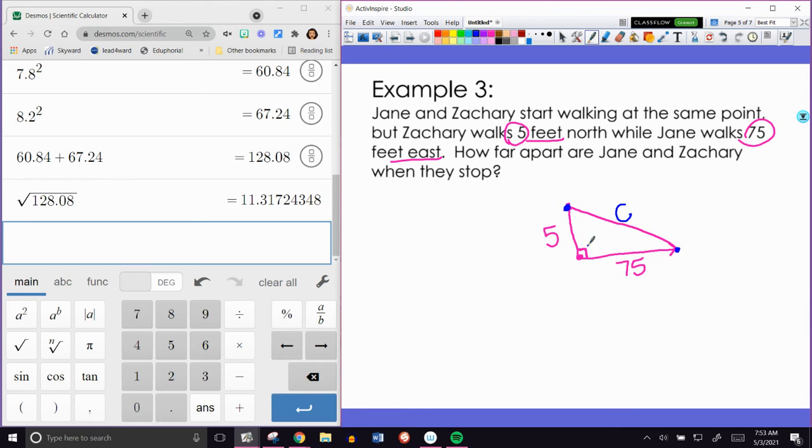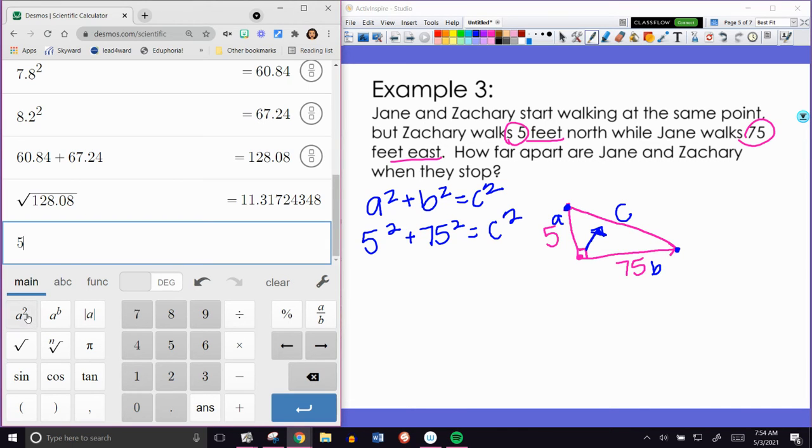We are looking for our C. So I'll say 5 will be A, 75 will be B, A squared plus B squared equals C squared. So I have 5 squared plus 75 squared equals C squared.